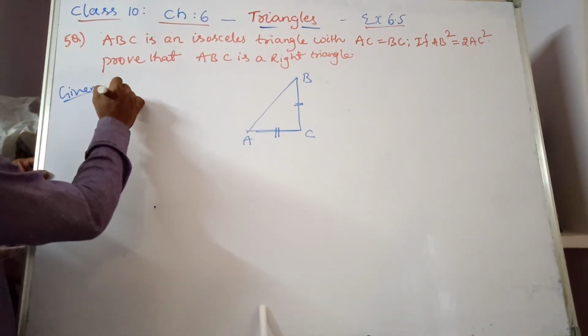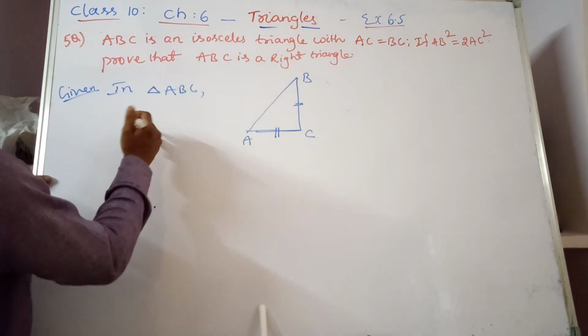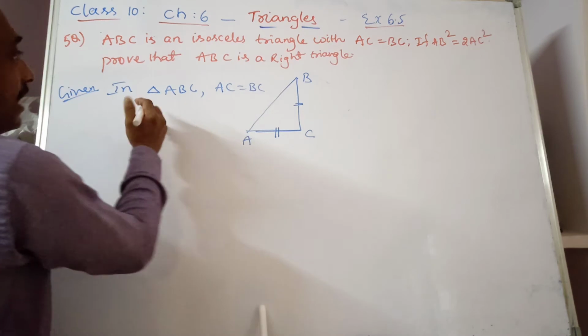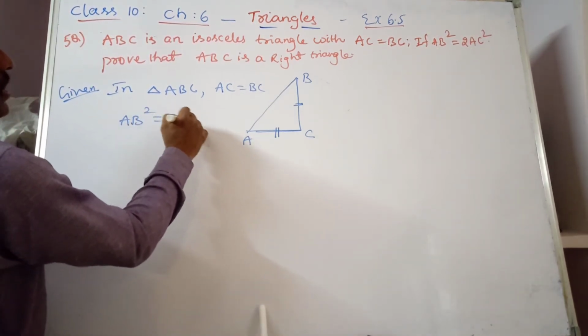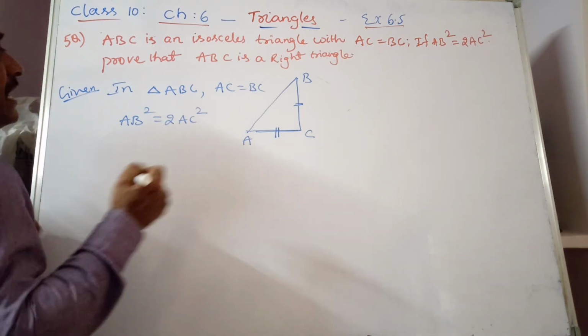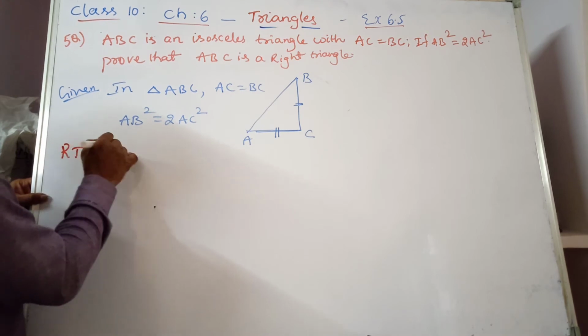So given in triangle ABC, AC is equal to BC, and also given that AB square is equal to 2 times of AC square. What we have to prove here?